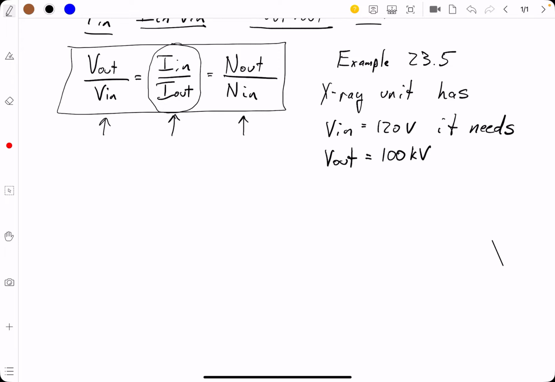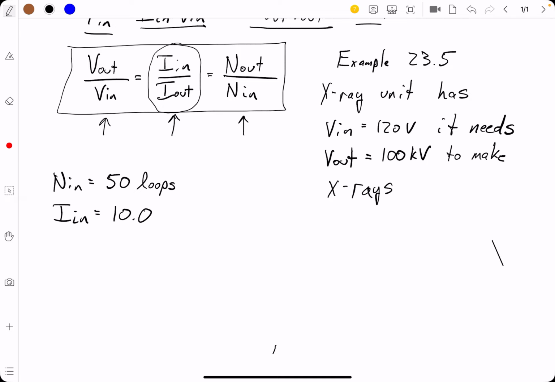So it can produce X-rays. We're given that N in equals 50 loops. And I in is equal to 10 amps. So a lot of amps, pushing a lot of amps on this one.